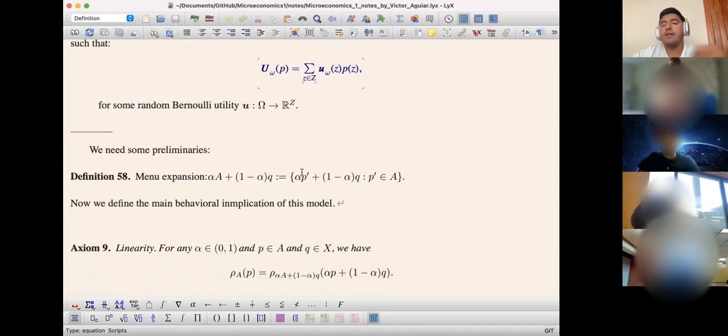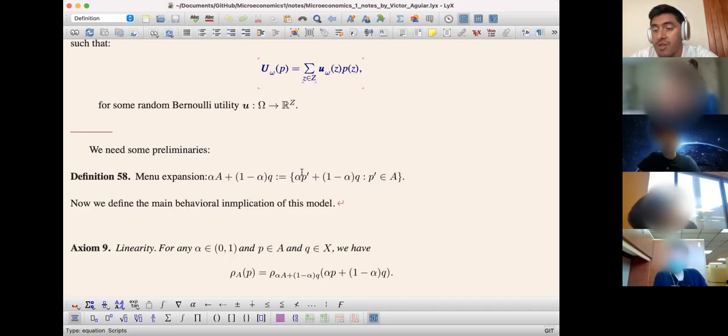Now, what we're going to do with this random expected utility model is study its characterization. The same thing we did with the logit model. Remember what happened with the logit model? The logit model was the easiest model ever. We derived this implication, which was the IIA, and the IIA basically restricted the odds of the probability of choice of two items in a given menu.